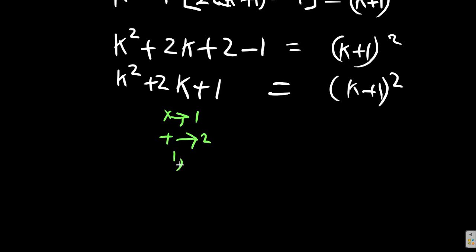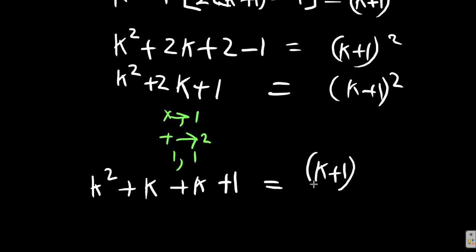Oh, it's 1 and 1. Alright. So we can say k squared plus 1k plus 1k plus 1 equals k plus 1 squared. So make sure you're following now.